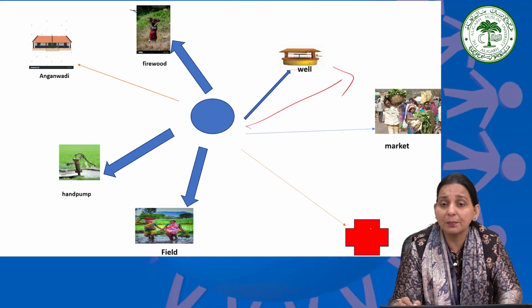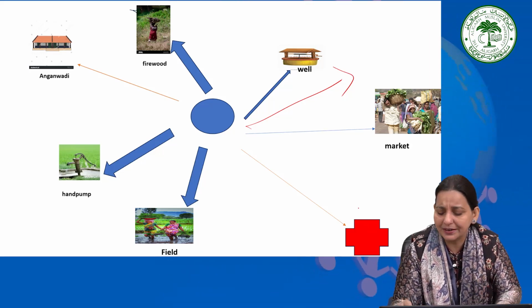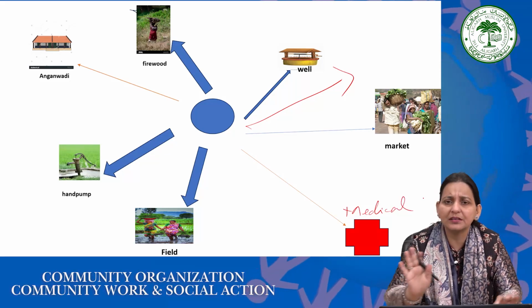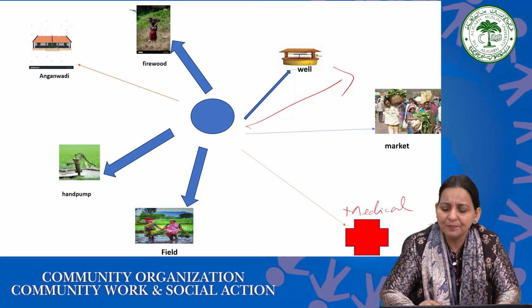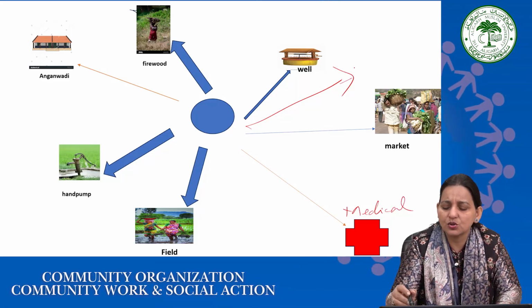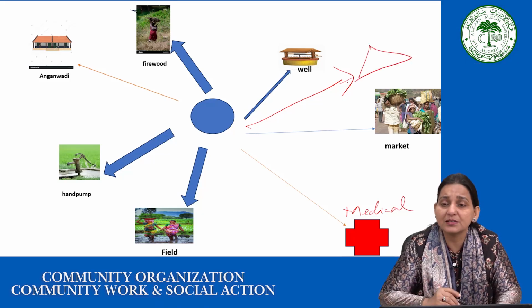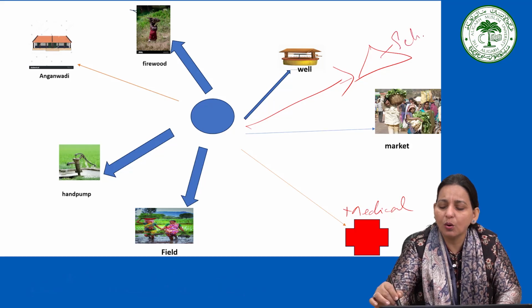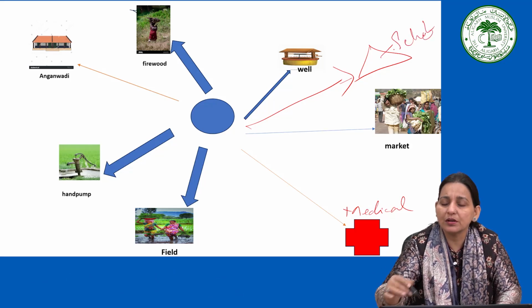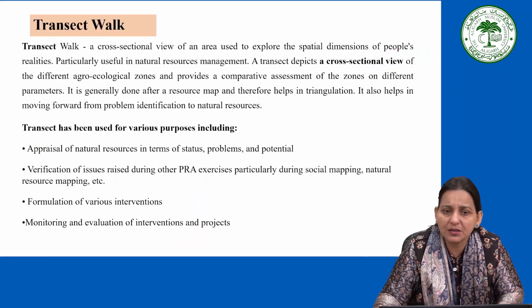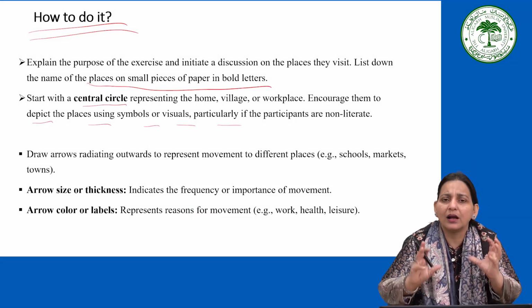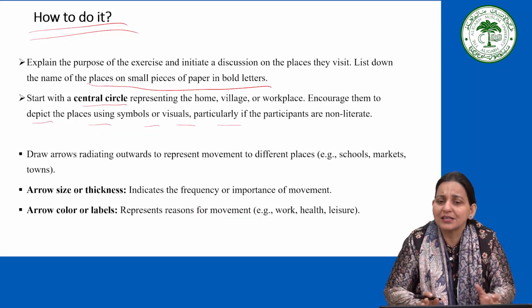Here I use a plus to depict the medical facilities or the primary health center, or whatever health facilities are available there, and other symbols to show, for example, that this is the school. So even if the community members are illiterate, they can understand what this means and what we are discussing.